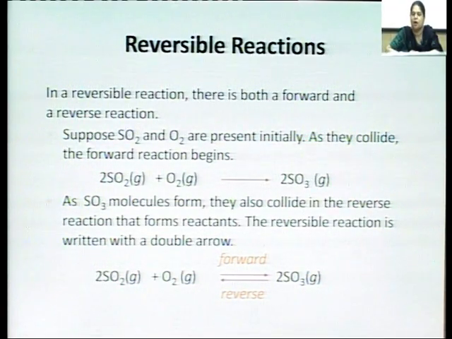On the other hand, if the same process is carried out in a closed container, we observe that as soon as the sulfur trioxide gas is produced, it dissociates back into sulfur dioxide and oxygen gas.